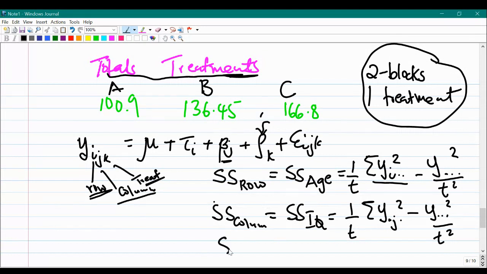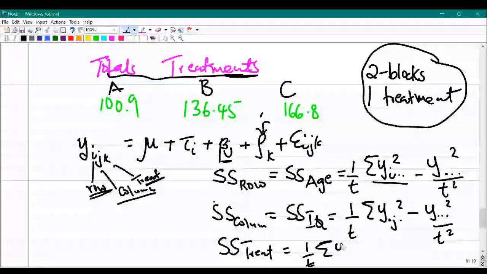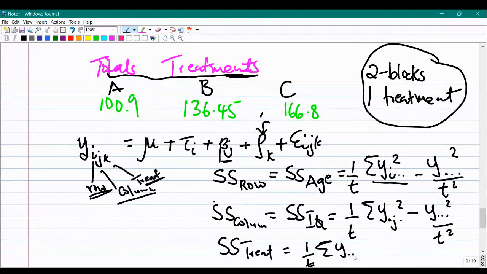The treatment now is SS treatment, which is given by 1 over T again, summation of y dot k squared minus y dot squared over T squared.